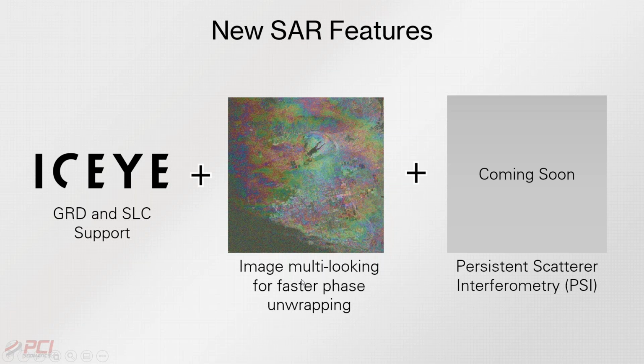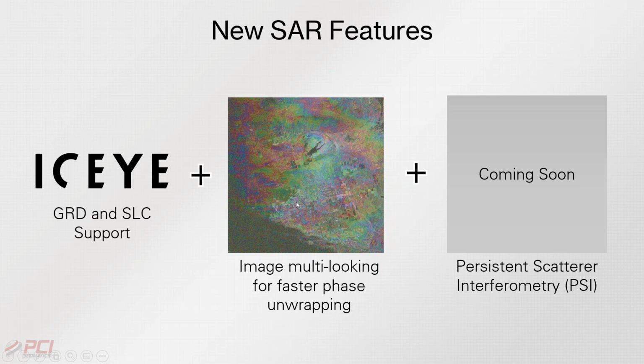We've also released our image multi-looking. So Jason's going to showcase this a little bit, and basically what this does is allow us to perform phase unwrapping much faster than we were able to do before. So this is often the bottleneck in these workflows, the phase unwrapping.